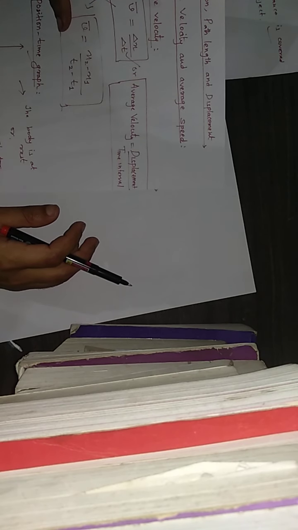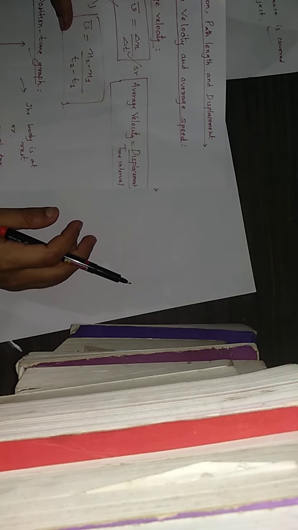Here the y-axis is position, so that is change in x, and in the x-axis I have put time, so that is delta t. So slope is change in position divided by change in time. But what is this delta x by delta t? We have already defined this delta x by delta t as our average velocity.